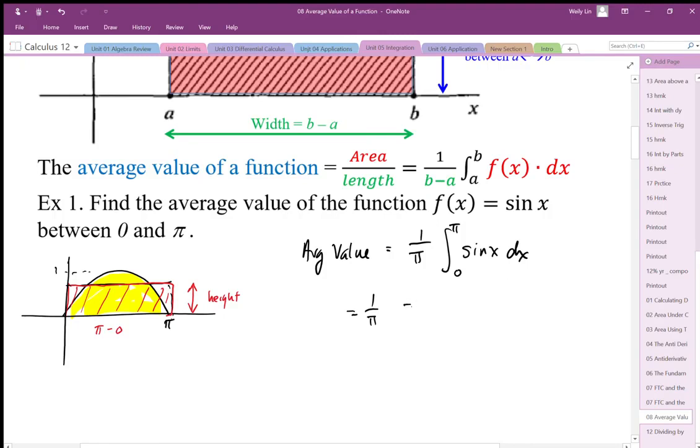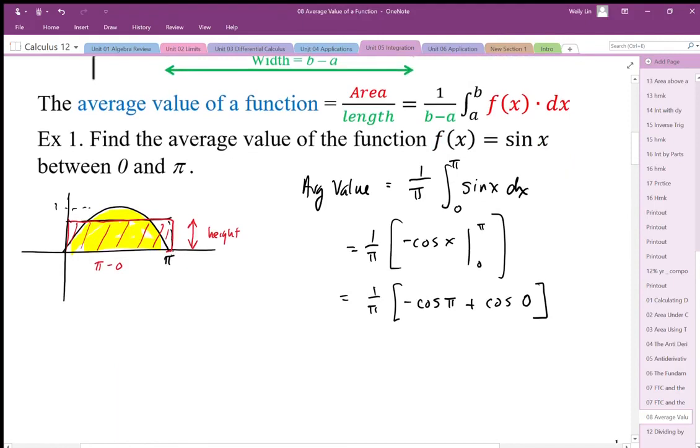Anti-differentiate that, and I end up with negative cos x from 0 to pi. Working out that area: cosine of pi is negative 1, minus negative cosine of 0, which is 1. So I end up with negative of negative 1, or 1 plus 1, divided by pi. That gives 2 over pi.